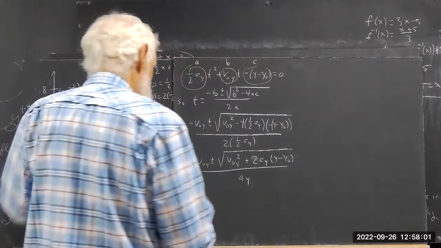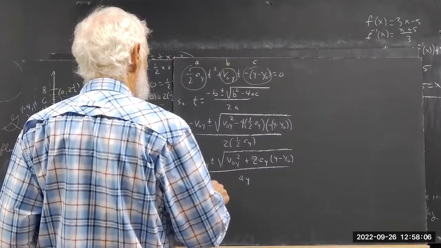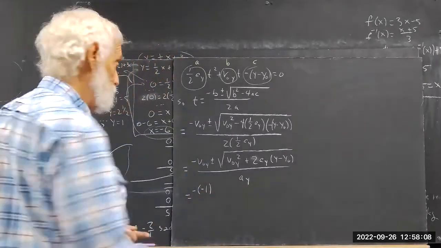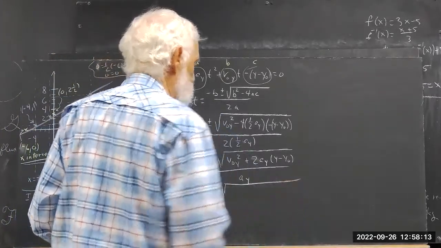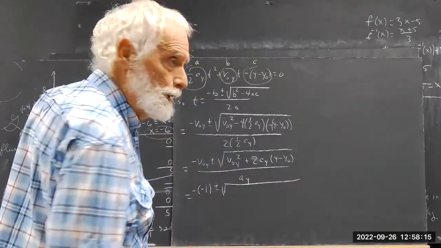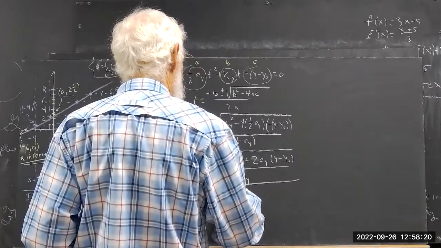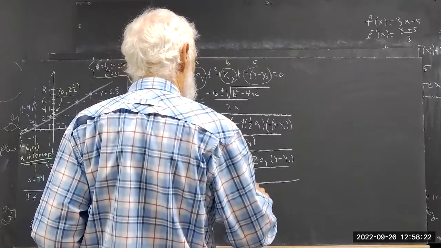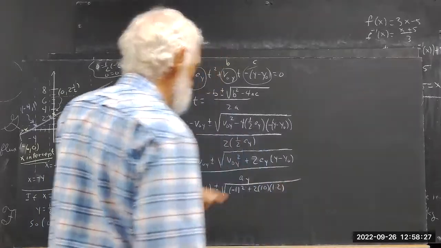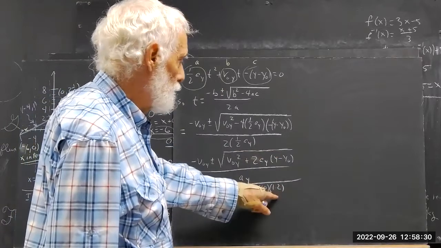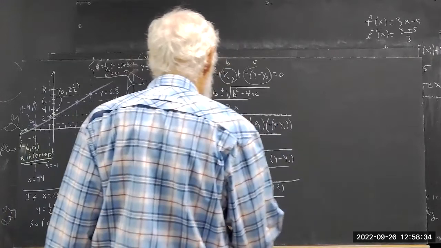I often put the units, but I'm not going to this time. So V naught y is negative 1, that's 1 meter per second, but plus or minus. I didn't set it up that way, it just happened to work out. Then AY is 10 meters per second squared, y minus y naught is 3.2 meters.